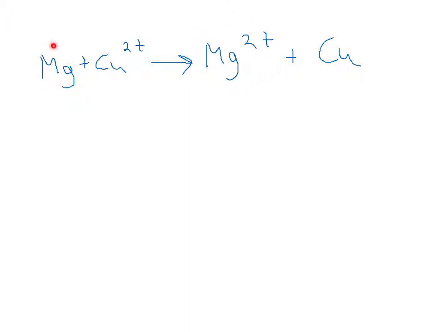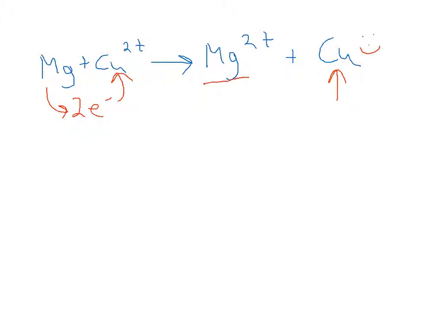Specifically, it was the magnesium that gave up 2 electrons that found a new home in our copper ion and turned our copper ion into copper. So if we get our pen back here, we can show that. Specifically, magnesium loses 2 electrons, gives them to copper. On the other side of the arrow, we see what magnesium has become, and that's an ion. And look at our copper now.